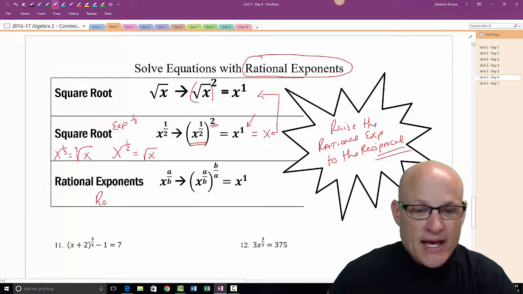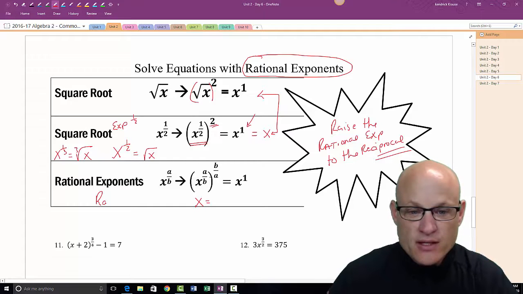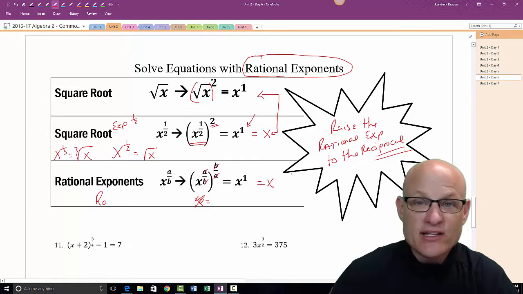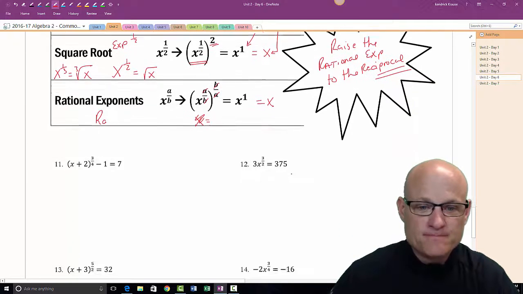So if I have a over b, I'm going to raise it to the b over a. The reason I do that is if I multiply those, the a's cancel, and the b's cancel, and they just make 1. So I end up with x to the 1, or just x. You're going to see how that comes into play right now.